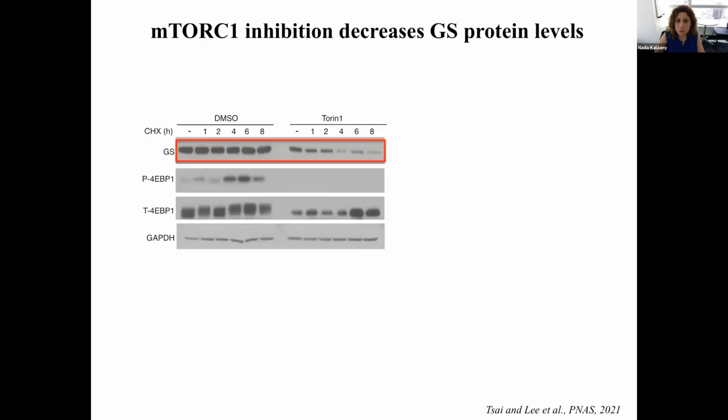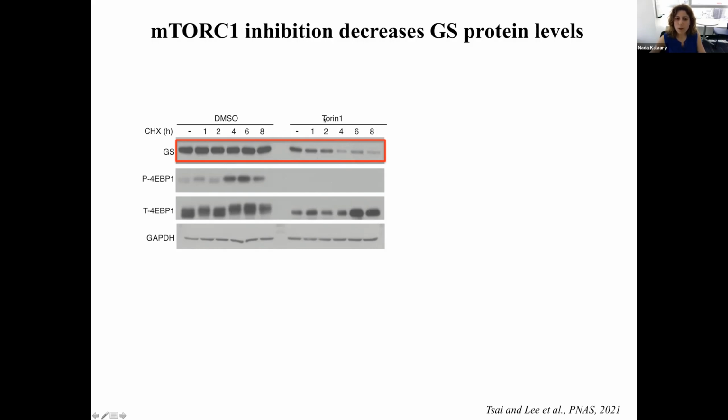But then, when we looked at the protein levels, we treated the adapted cells first with cycloheximide, which is a translational inhibitor. And surprisingly, there was no change. GS was stable when we treated the cells with cycloheximide for up to 8 hours.